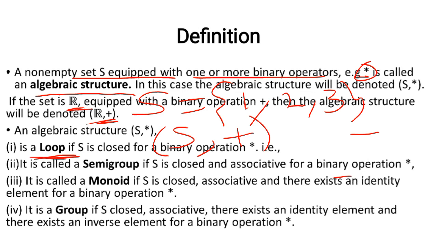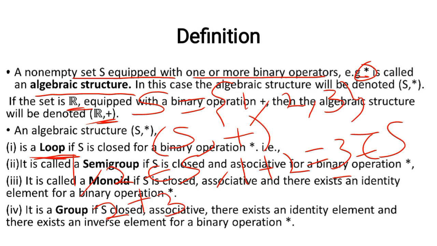Look, if I pick two elements, say 1 and 2, with the binary operation addition, 1 plus 2 gives me 3, and 3 is in the set S. You want to say it is a loop, right? But you have to check all the elements, because 2 plus 3 is 5, and 5 is not in my set S. Therefore it is not closed, so it is not a loop. Okay, so that's how you check if it is a loop.